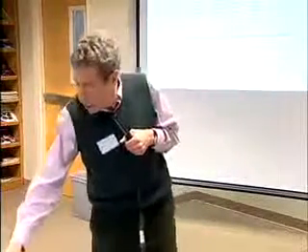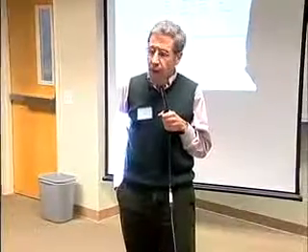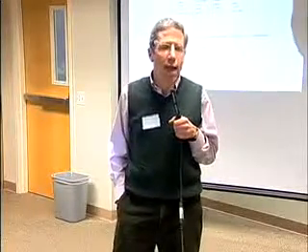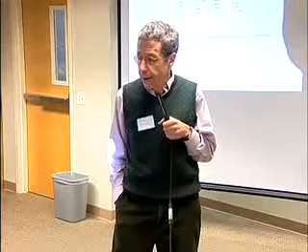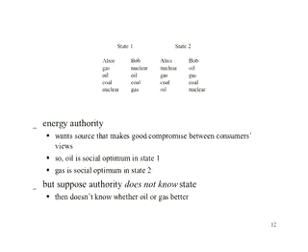Notice that in state 1, oil makes a good compromise because Alice and Bob both rank oil second. Alice prefers gas, but Bob puts gas way down at the bottom.